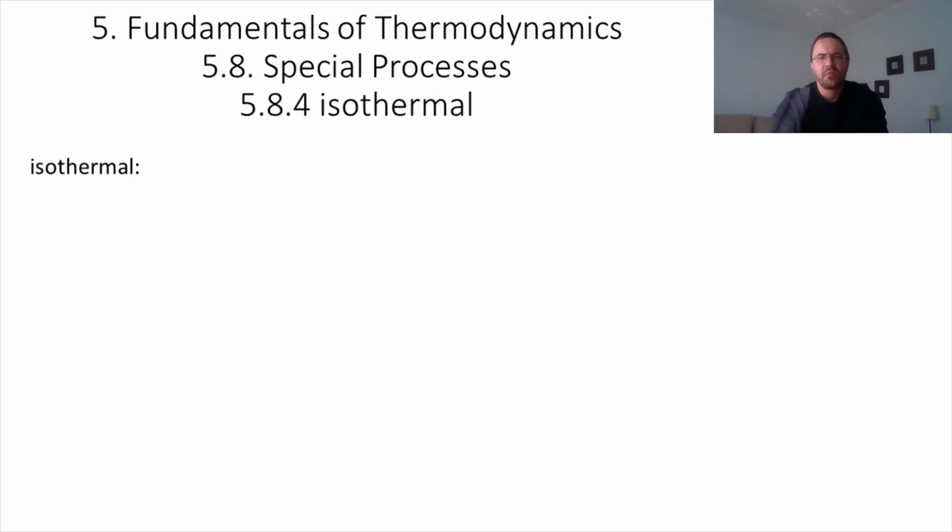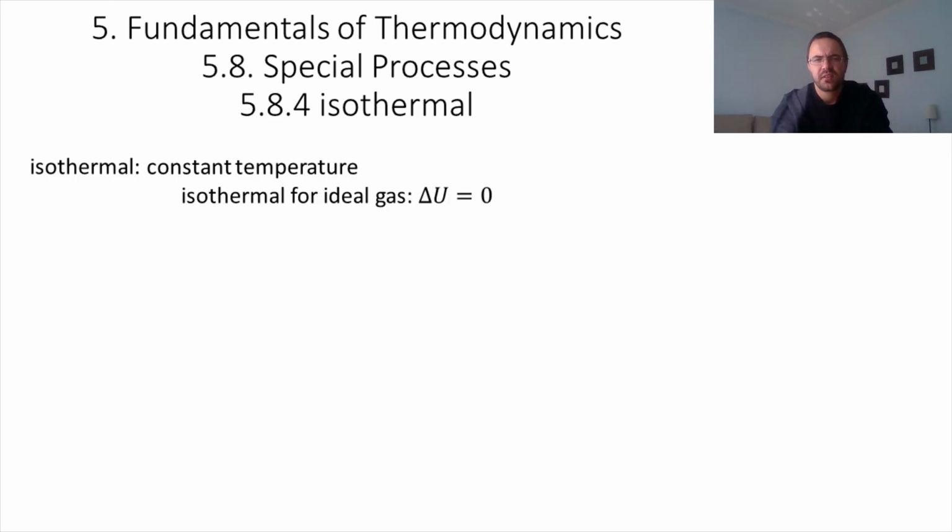Finally, one more special kind of thermodynamic process are the isothermal processes. Those are processes for which the temperature is constant during the entire process. So remember that for an ideal gas, the internal energy only depends on the temperature. So if the temperature does not change, then the internal energy does not change, and delta U is equal to 0.